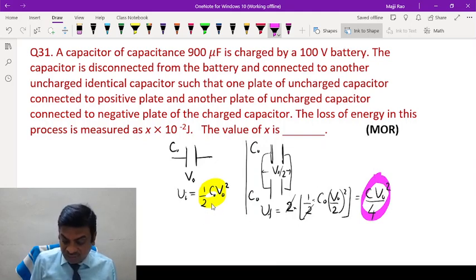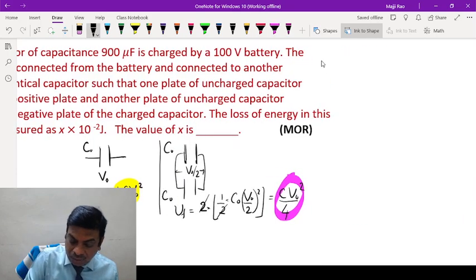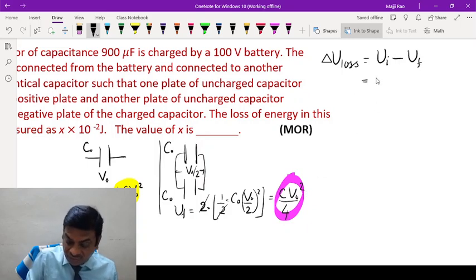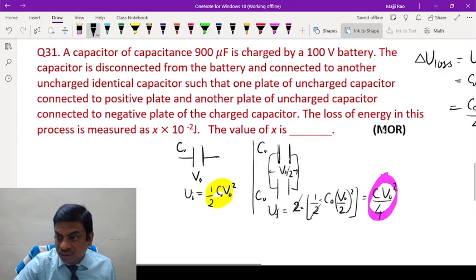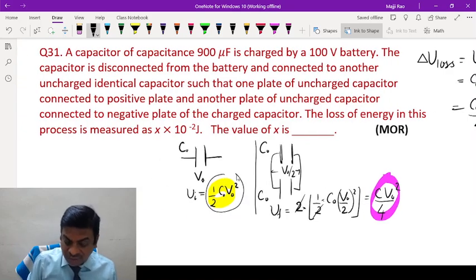From 50%, if you deduct 25%, you will be left with 25% of the initial. So the energy loss will be initial potential energy minus final potential energy, electrostatic field energy of course. So this is C naught V naught square into half minus 1 by 4, that is C naught V naught square by 4. In other words, it has lost half the energy.